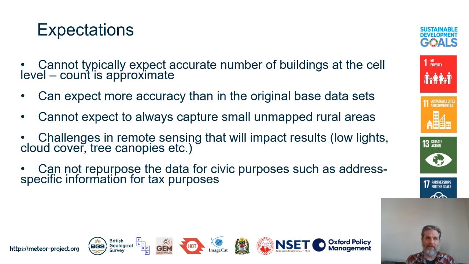In some areas that becomes very hard if you don't have that kind of stark roofing material. And again, I've made this point a couple times, you cannot repurpose the data for civic purposes, such as address-specific information for tax purposes. This comes up quite a bit.